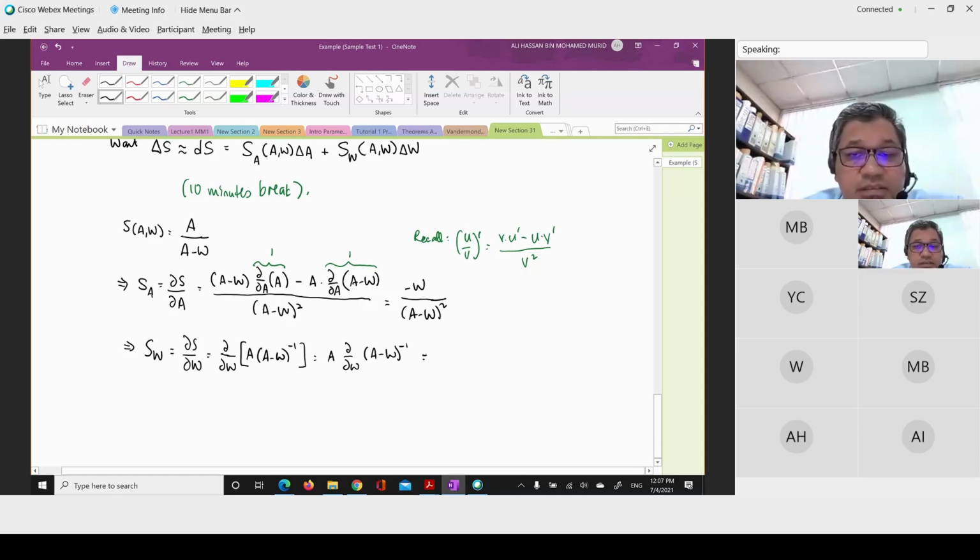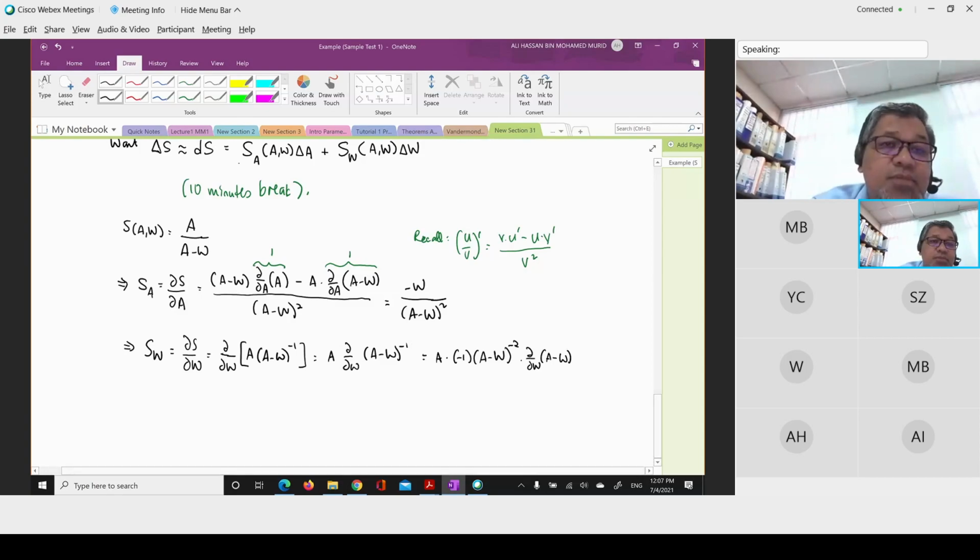Okay, what is this partial derivative equal to? Can use the chain rule. A times minus 1. The outer function is the power function. Next, we differentiate the inner function with respect to W. And what is this equal to?